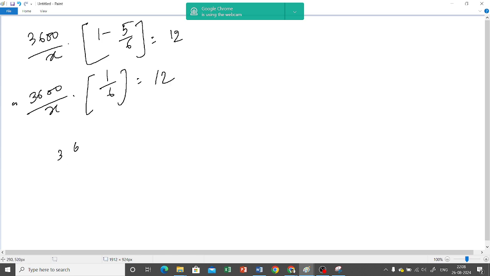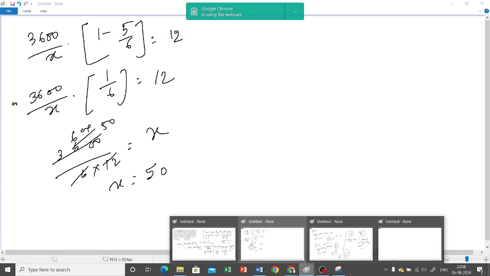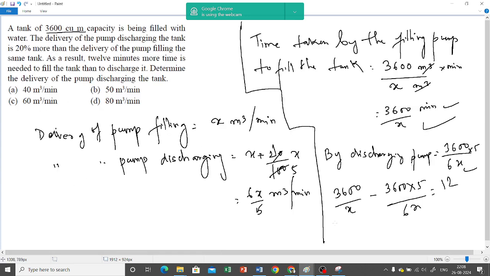So I just need to solve this. Okay, so determine the delivery of the pump discharging the tank.